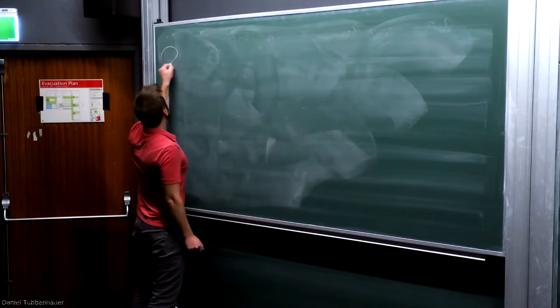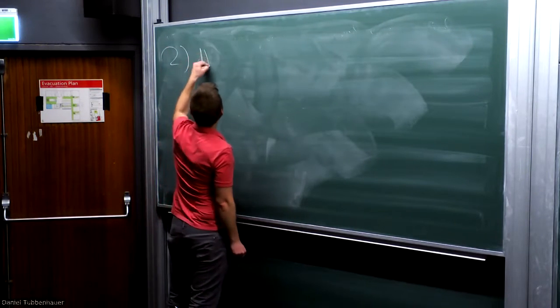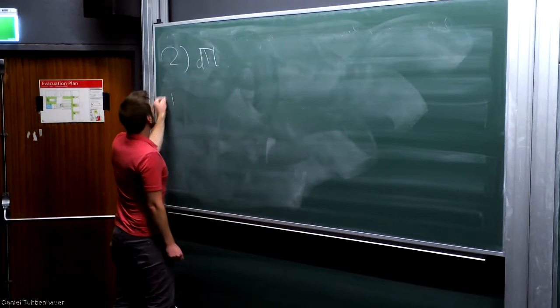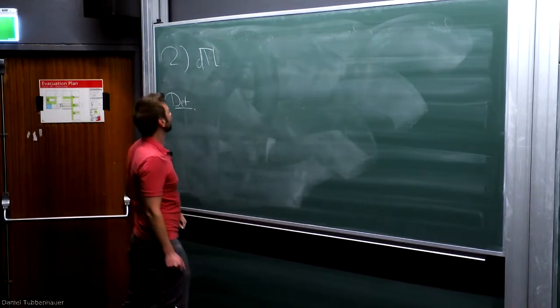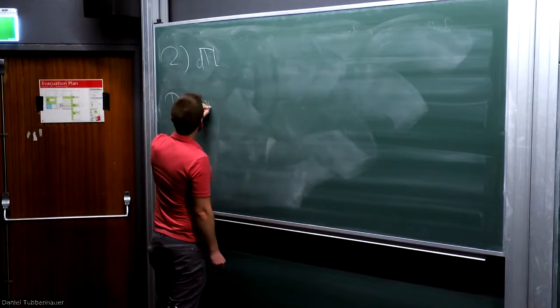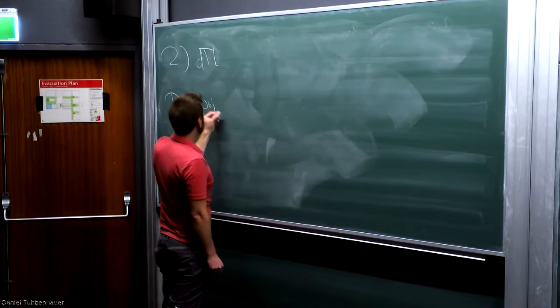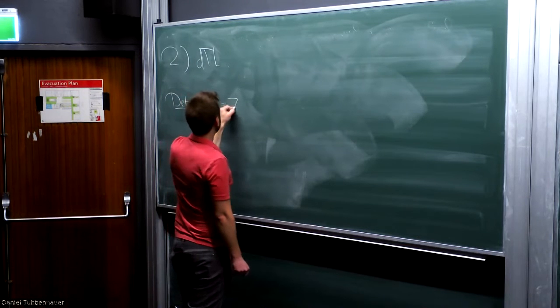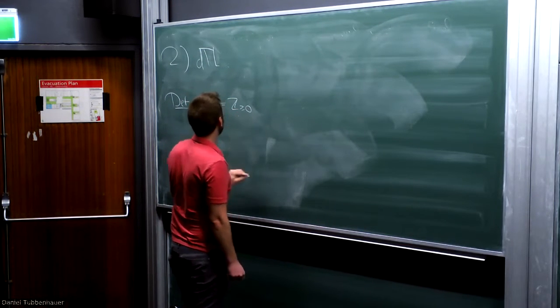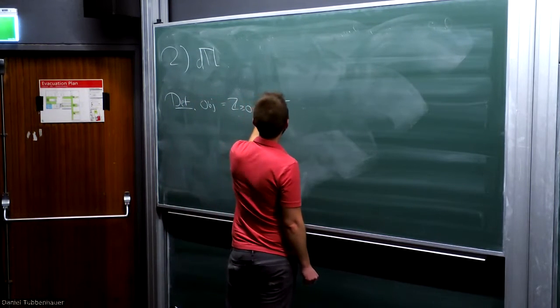Okay, section 2. We're going to talk about what DTL is. So DTL has objects: the set of objects is just the set of non-negative integers. We visualize these things as dots and lines.